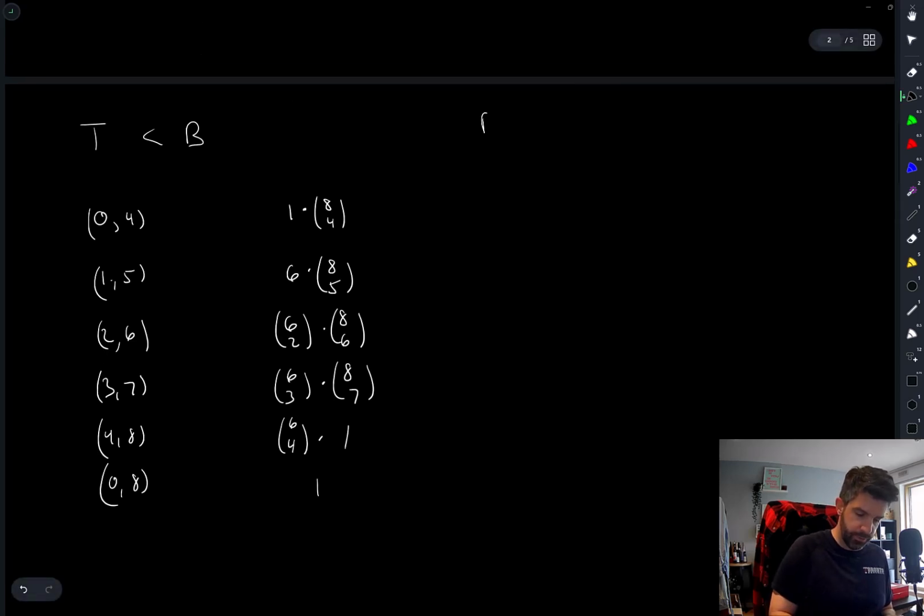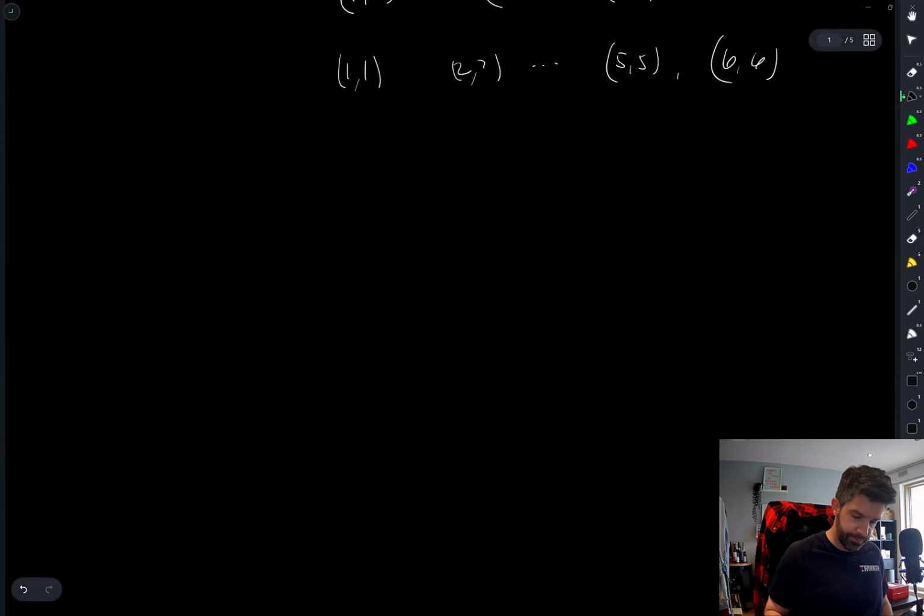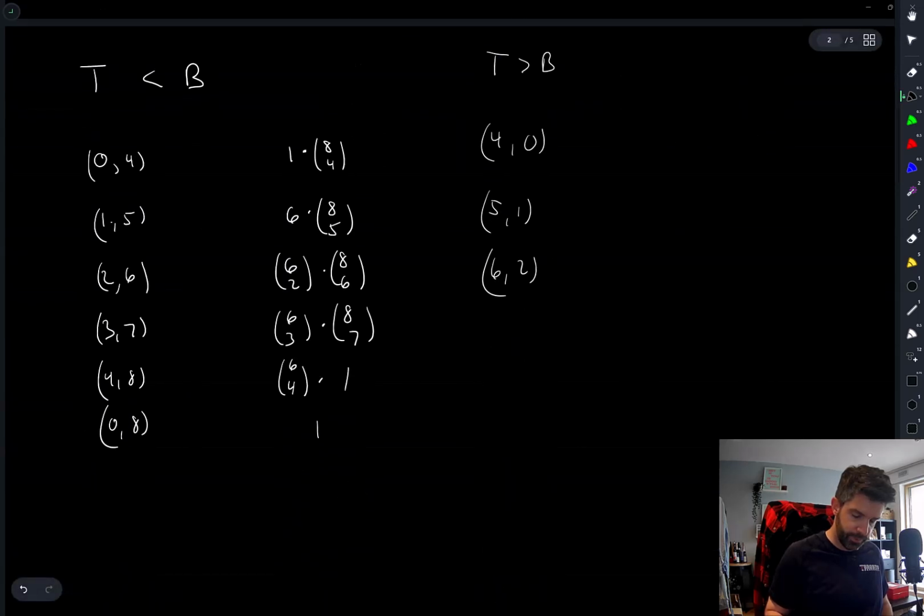Now let's do it with basses fewer than tenors. Let's write this as t greater than b. So now I have 4, 0, 5, 1, and 6, 2. So here we have 6 choose 4 times 1, 6 choose 5 times 8 choose 1, which is 8, and 1 times 8 choose 2.